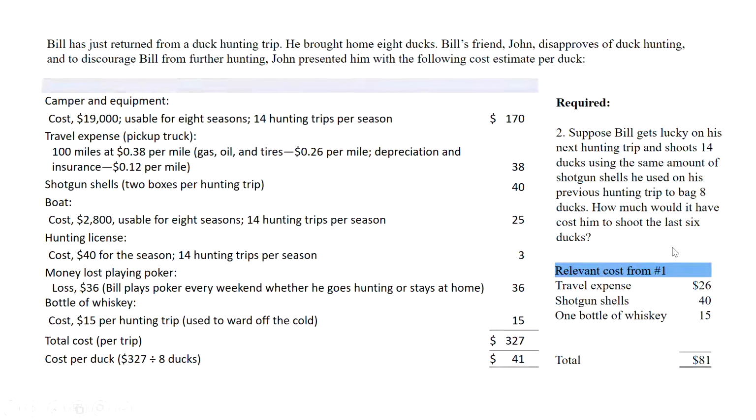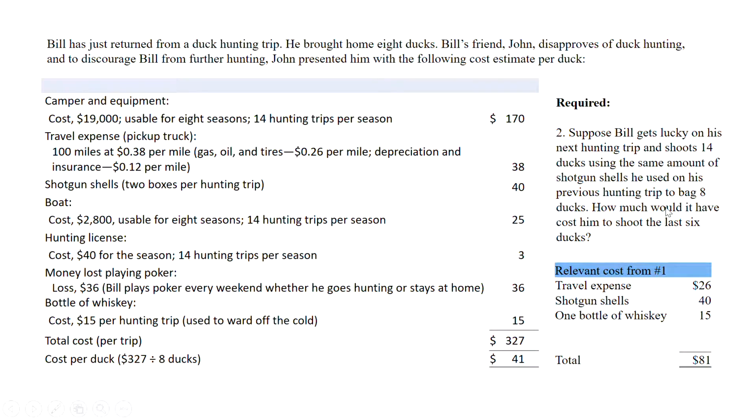So you might have been swayed to take this $81 divided by 8 because that was the number of ducks initially. And you might have been swayed to divide that into it and to get a cost per duck and then multiply it times the 6 additional ducks. That might have been the avenue that you went. But the true answer to this is it's 0 additional dollars. The cost of a trip is $81.